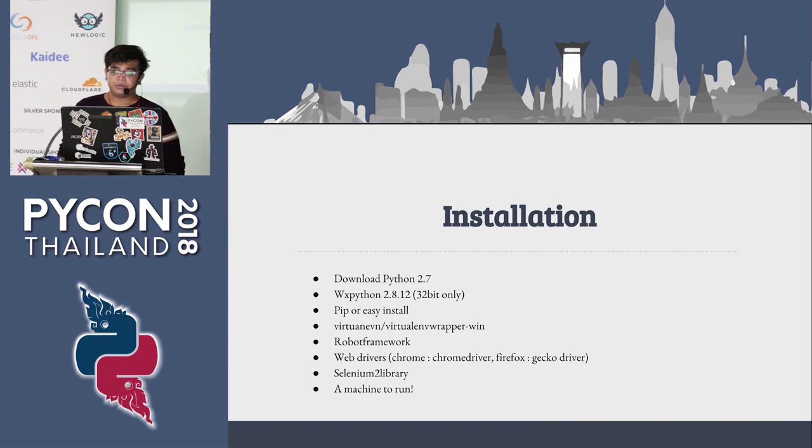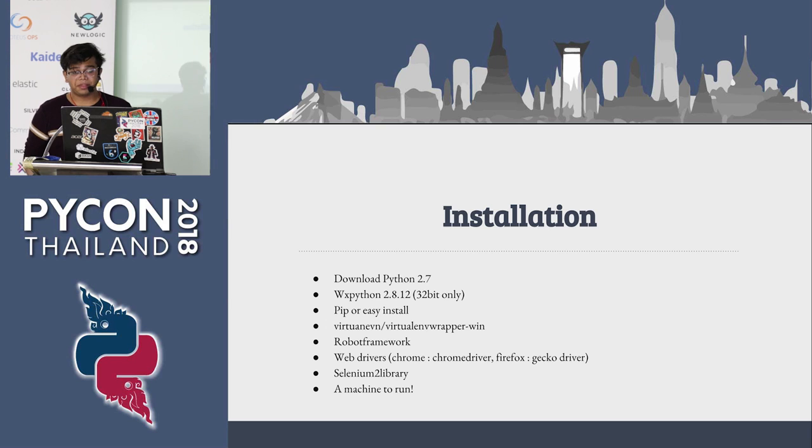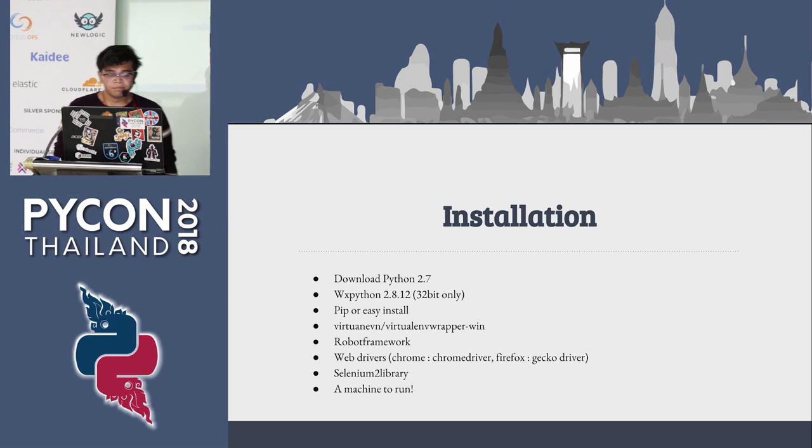Also, you need wxPython for that, and it works with this weird 2.8.12 version, and it only works with 32-bit. It's very selective if you work with the IDE. But if you're comfortable with the command line, it's very good. It works on every version of Python, and you don't need wxPython.